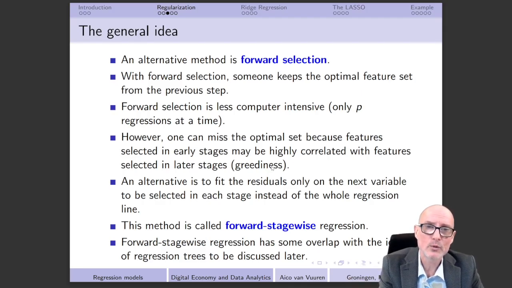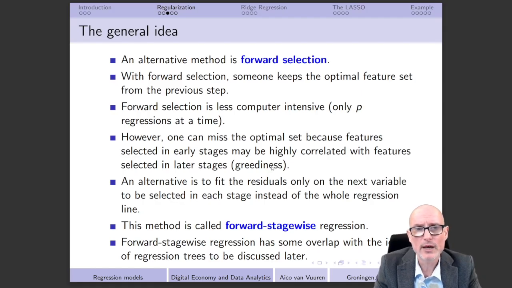Later on, it could be possible that there are two other features that are highly correlated to this feature that we have over here. And we should realize that maybe in later stages it could be interesting to include those two features, because if alpha becomes larger, you have the possibility to include these two features at a time. Suppose that these two features together actually have a much better predictive power than this one feature that we have over here.